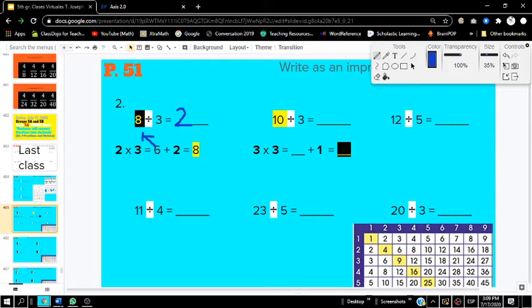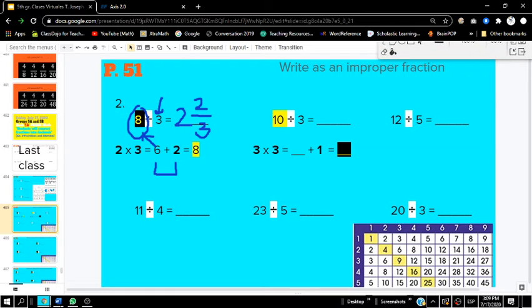Well, we have 2 left over. If we take 6 plus 2, we're going to come up with our 8 right here, okay? All right, so 2 is going to be our numerator, and our denominator is going to stay the same. That 3 is going to stay the same. So we have 2 and 2/3 as our final answer for our improper fraction.